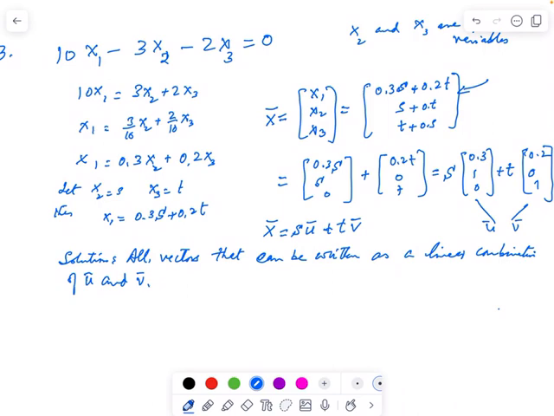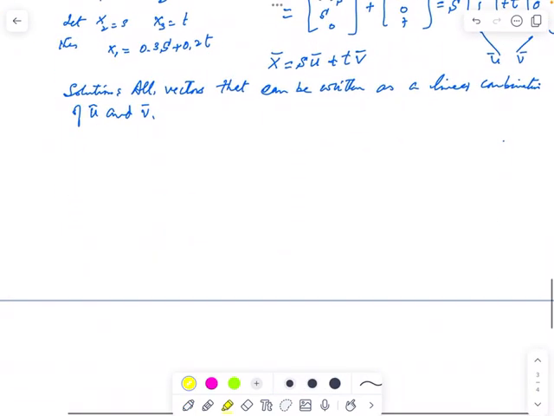So geometrically, what does that mean? All vectors that can be written as a linear combination of u and v give you what? It is the span of u, v.